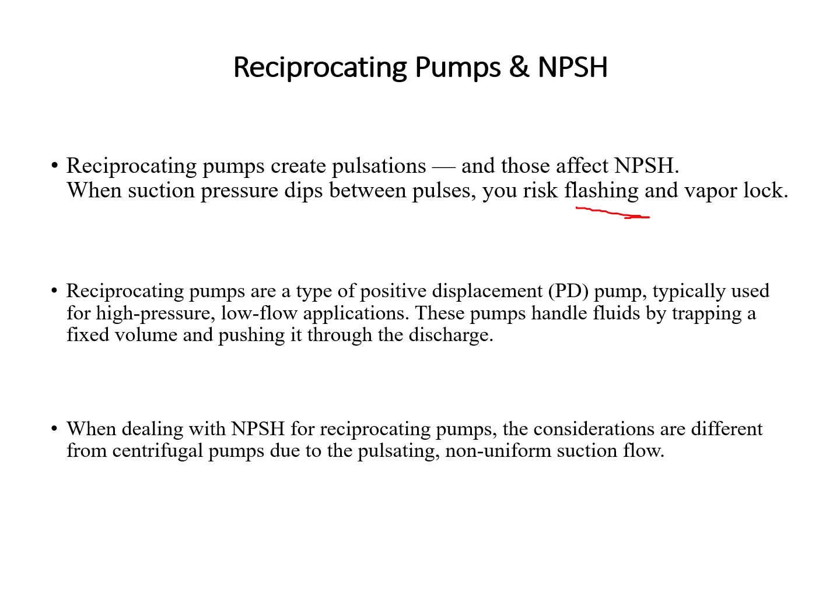When dealing with net positive suction head for reciprocating pumps, considerations are different from centrifugal, because of the pulsating phenomena. Non-uniform suction flow: in a centrifugal pump, your suction flow or suction pressures are uniform, but here they are changing.